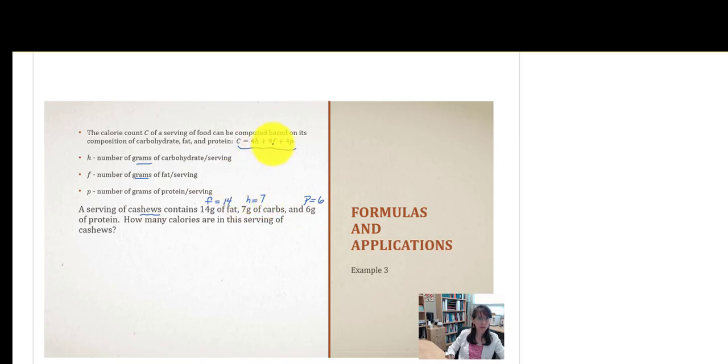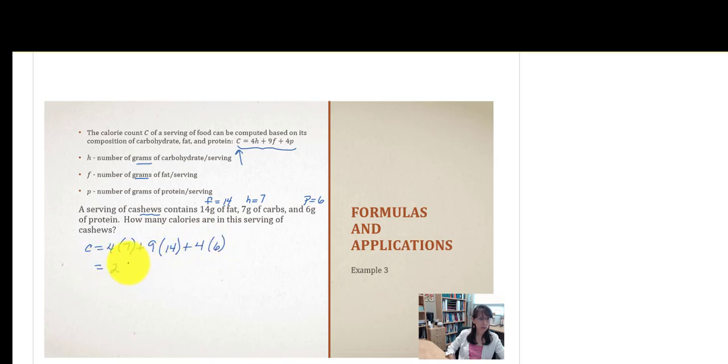So what haven't we been told? We know F, H, P. We don't know the calories. But if we substitute these values into our literal equation, or our formula, we should be able to compute the calories. So the calories are equal to 4 times the carbohydrates, which is 7, plus 9 times the grams of fat, which is 14, plus 4 times the grams of protein, which is 6.